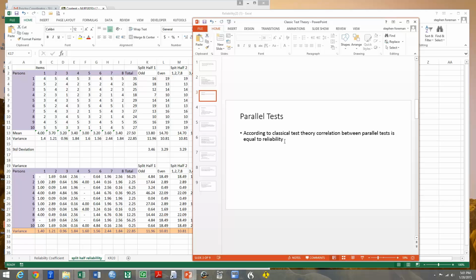And we can use that to our benefit. So what we tend to do in classical test theory is look at correlations between parallel tests, and that is equal to reliability. That is the replication technique that I talked about.